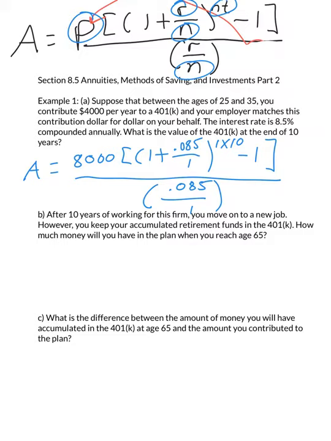It makes it a little easier to read too. But real quick, before I type this whole thing into the calculator, we should always take care of the exponent first. So in the exponent spot, I have 1 times the 10, which is obviously 10 again. So 10 is my exponent.